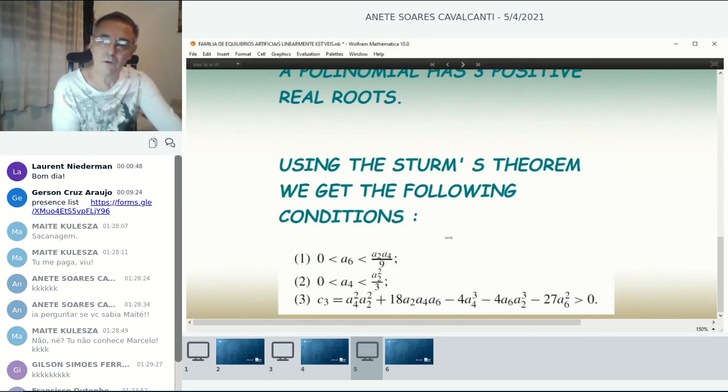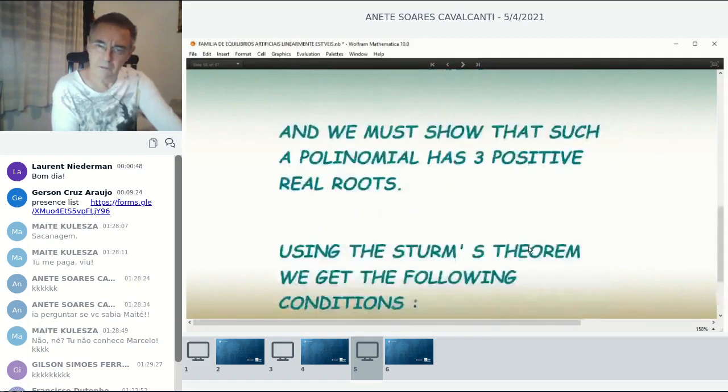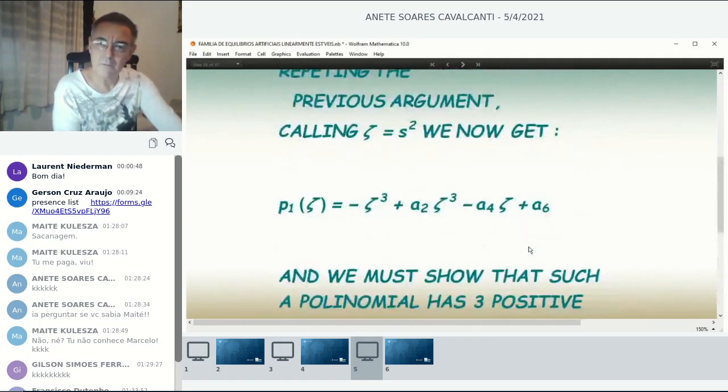So we plot all these conditions together. Here we don't have the additional condition of A6 equals 0, right?